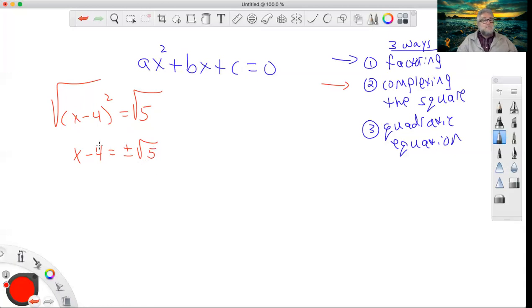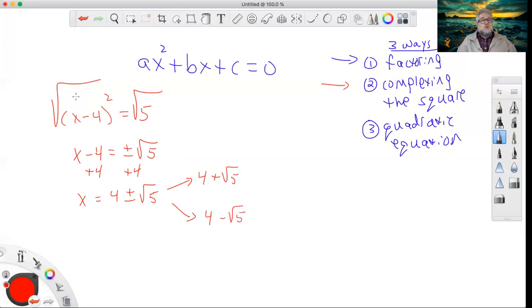Okay? So now I got to add 4 to both sides. X equals 4 plus or minus square root of 5. So one solution is 4 plus radical 5, and the other solution is 4 minus radical 5.